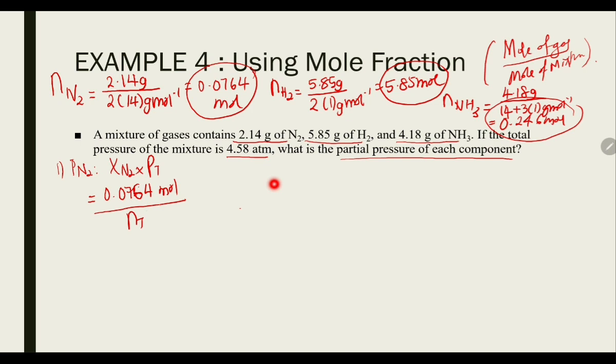So N total equals 6.1724 mole. We can replace it here, 6.1724 mole, times the total pressure of the gas, which is 4.58 atm. Press your calculator.